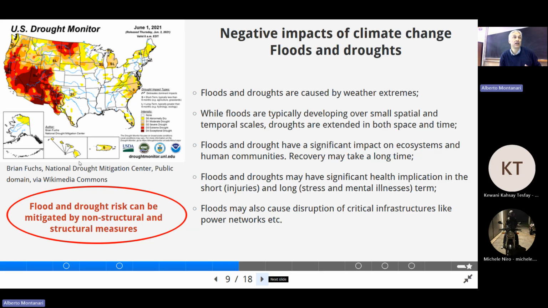So the mitigation actions. Flood and drought can be mitigated by non-structural and structural measures. What is the difference? Because when talking about climate change, often you listen to people talking about black solutions, gray solutions, green solutions, or structural measures against nature-based solutions.